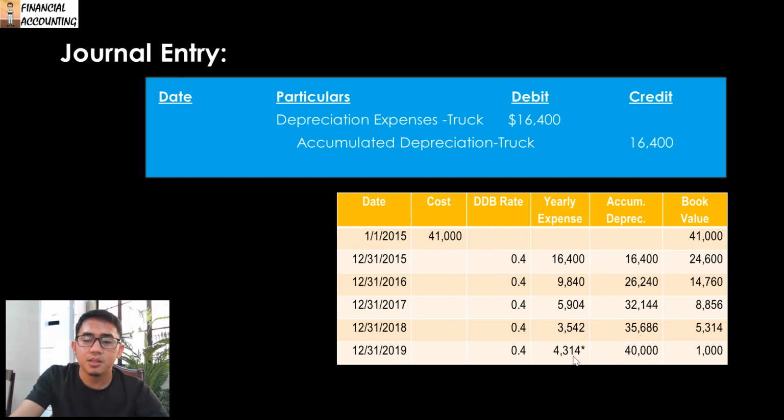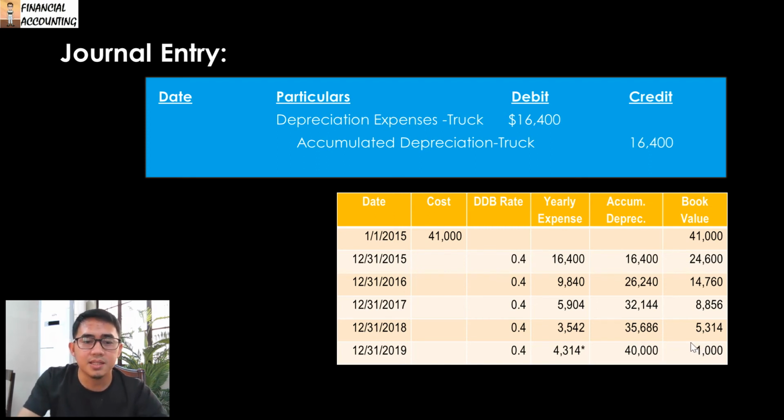This is true for other depreciation methods, that on the last year the asset should be depreciated on its remaining depreciable amount, in order for us to arrive at the accumulated depreciation of exactly 40,000 and our net residual value of 1,000 at the end of the year.